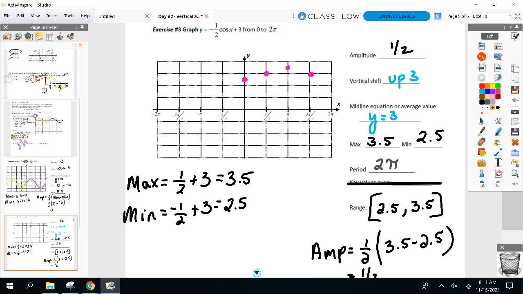Cosine ends where, everyone? Where's cosine usually end? At the max, but the negative says, nope, this one's ending at the minimum, 2.5. That's why I ask you guys to find all these numbers first, because it makes the graph slightly easier. There it is.